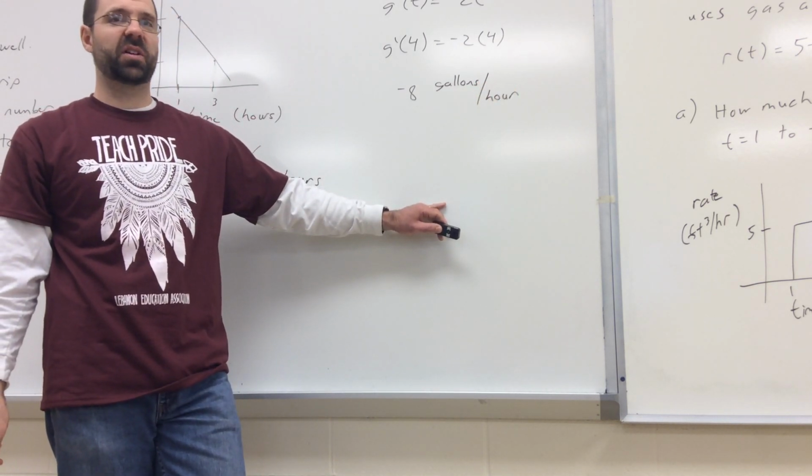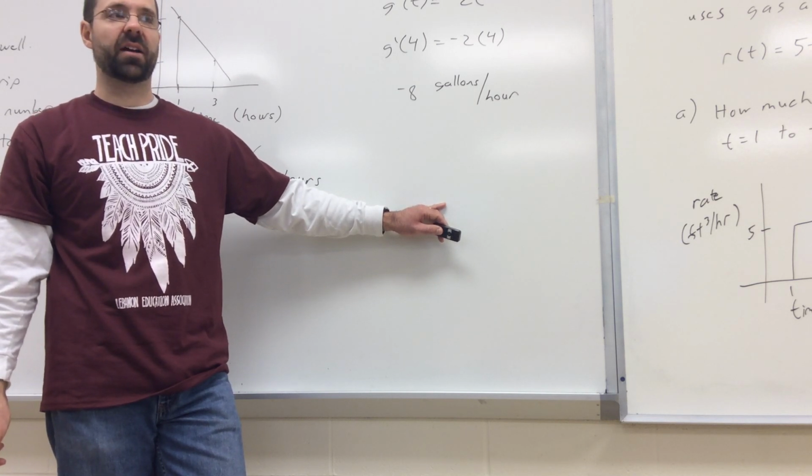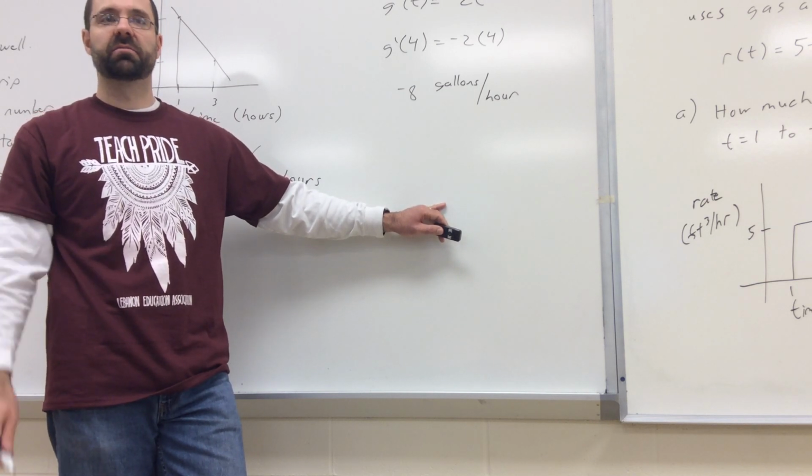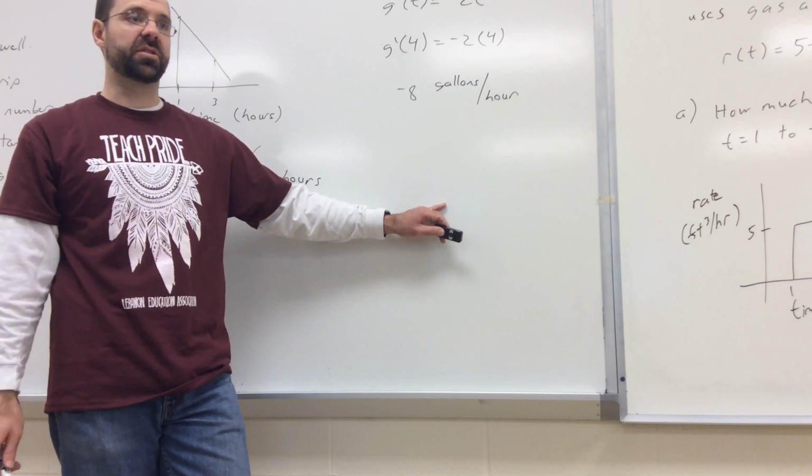And so apparently something is wrong with this engine, because if it's using 8 gallons in an hour, that's crazy. But anyway, you get the point. What makes sense here is the derivative.